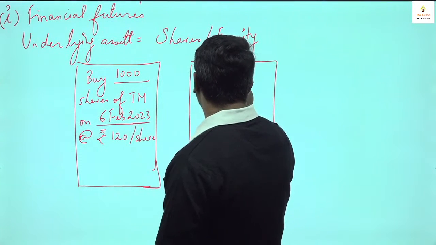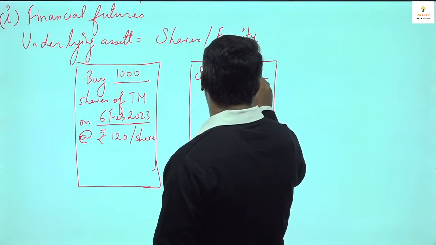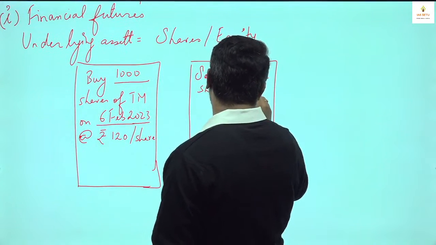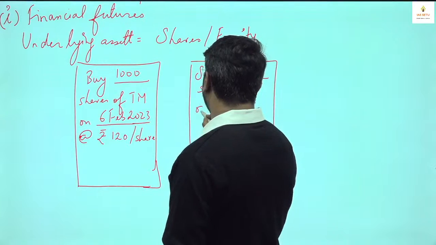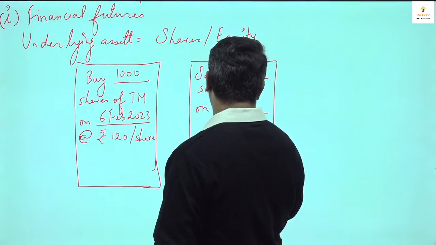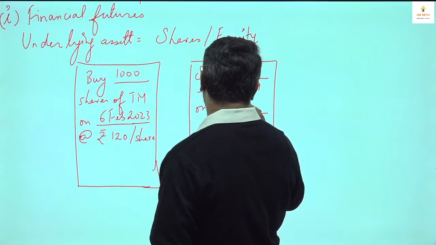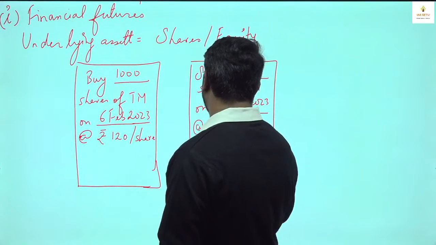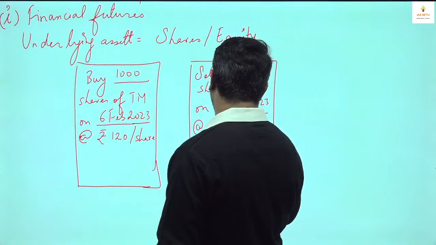Sell, let's say 1,000 shares of, again, Tata Motors on any date that you want to say, let's say 10th of February 2023 at the rate of, let's say, rupees 125 per share.